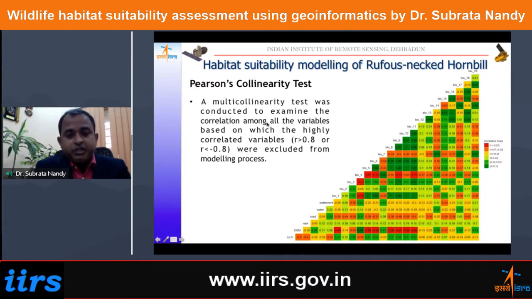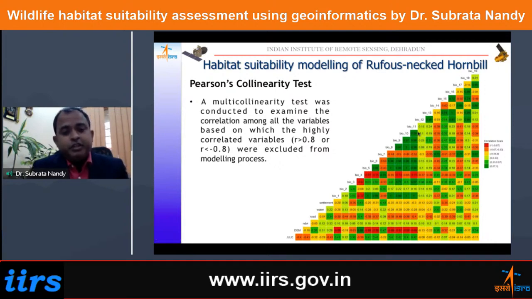Wherever I'm getting, let's say, bio 11 and bio 8, these are highly correlated. Likewise, bio 8 and bio 10 are also highly correlated. So instead of taking 3 variables, I've taken 1 variable, like that.